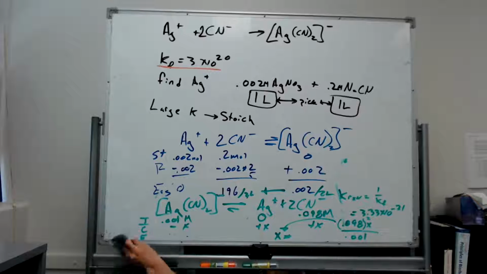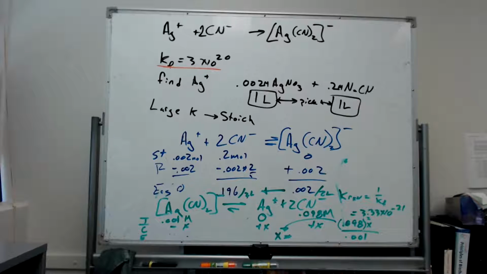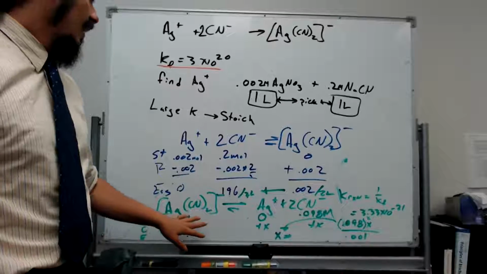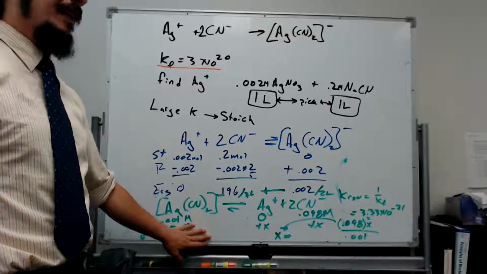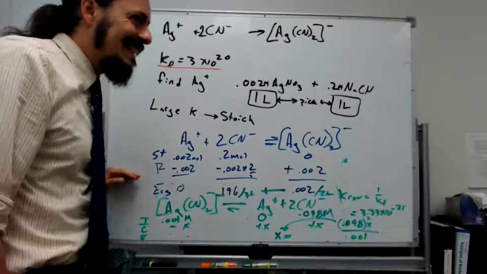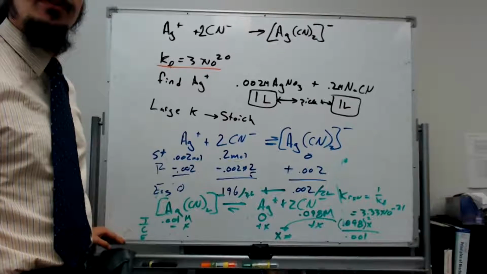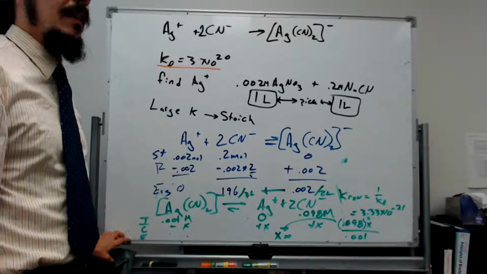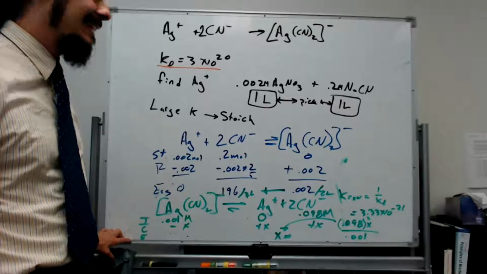In terms of what I was talking about before I started the video, this is, again, one of those modes of thinking where this is like a parallel thought process, right? This is identical in terms of process to what we did with forming a solid and then having the solid redissolve. It's identical.